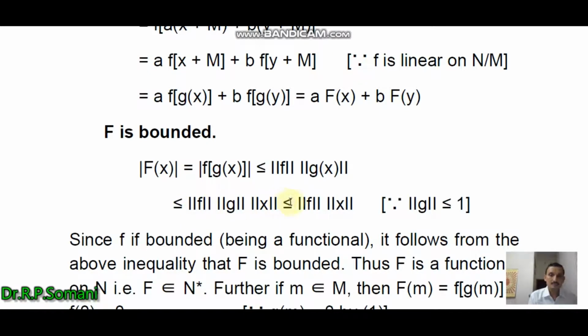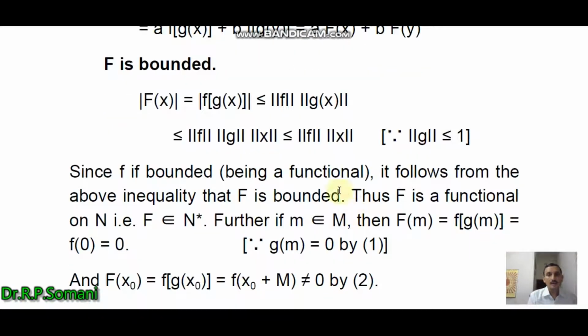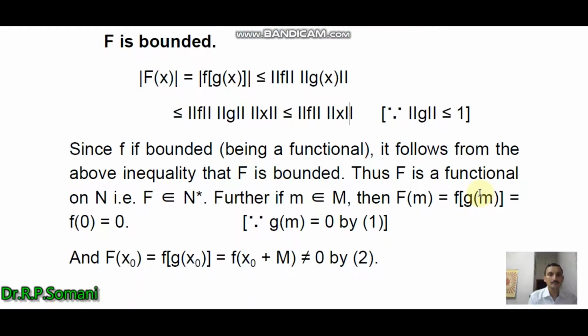And this is less than or equal to norm f times norm x, because norm of G is less than or equal to 1. So it follows from the above inequality that f is bounded. Thus f is a functional on N, that is, f belongs to N*.